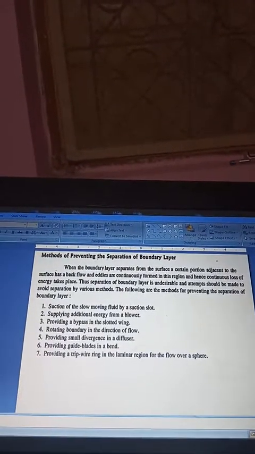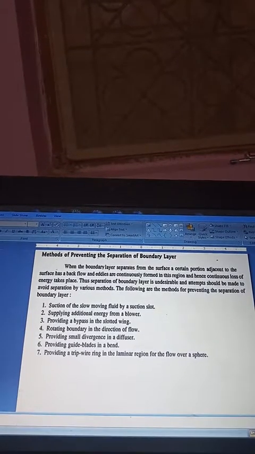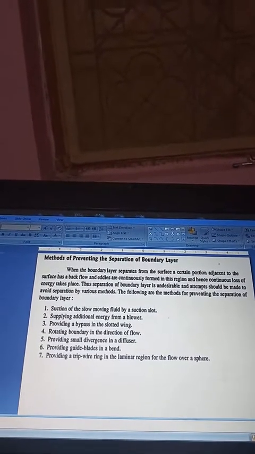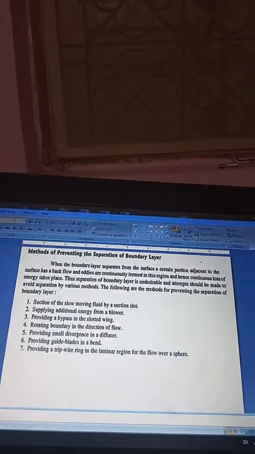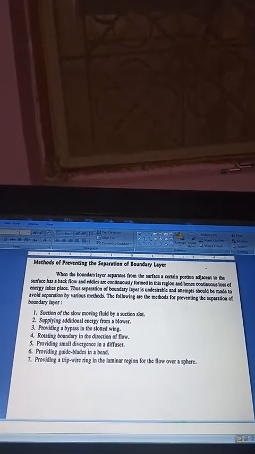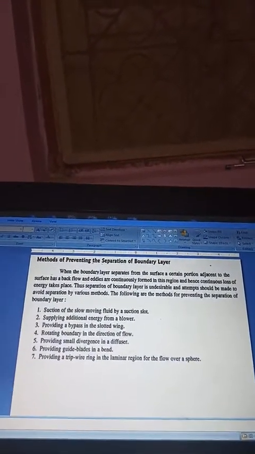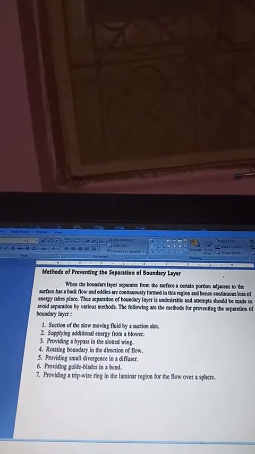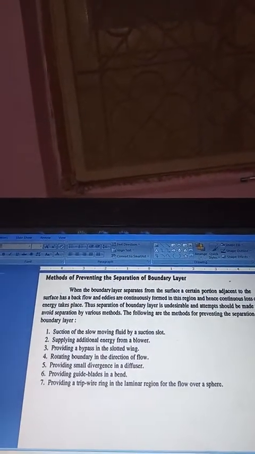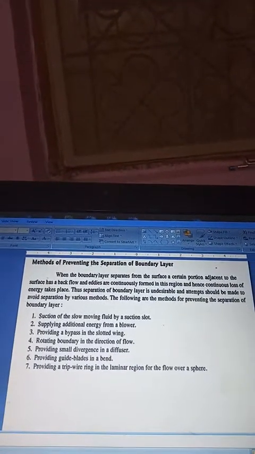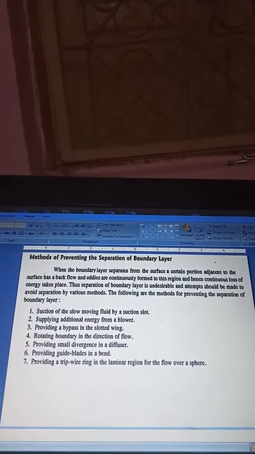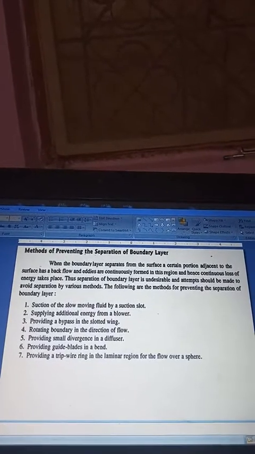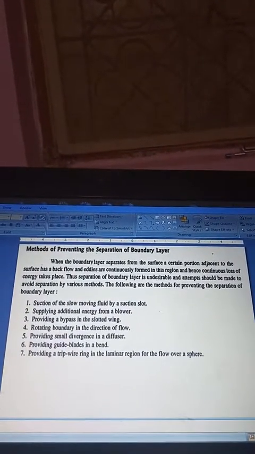If there is a separation, you will see a backflow and eddies continuously formed in the region, which disturbs the motion of the solid body, and hence continuous loss of energy also takes place. This separation of boundary layer is undesirable, and hence attempts should be made to avoid it by various methods.